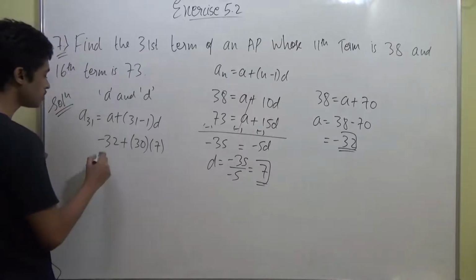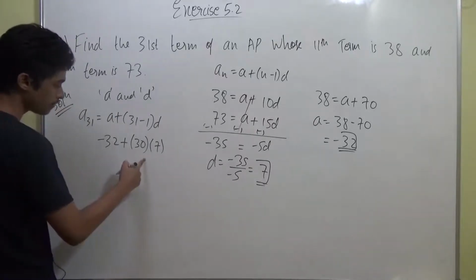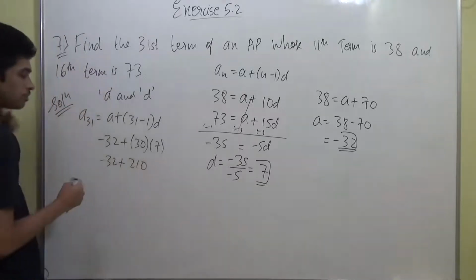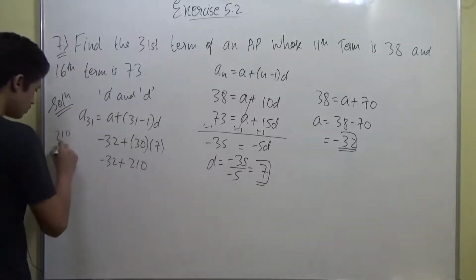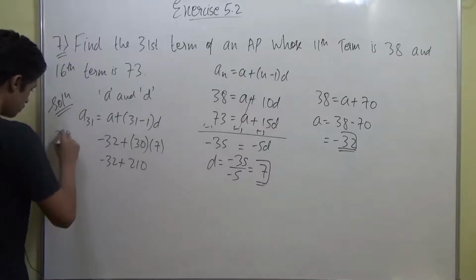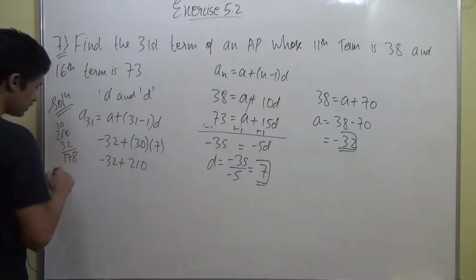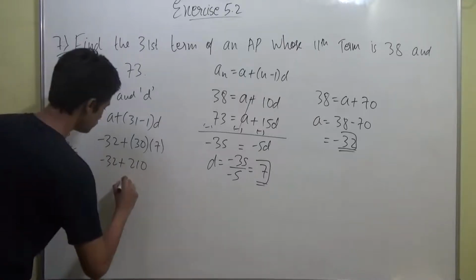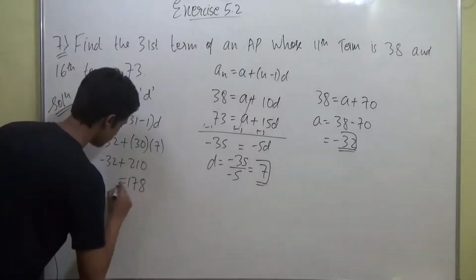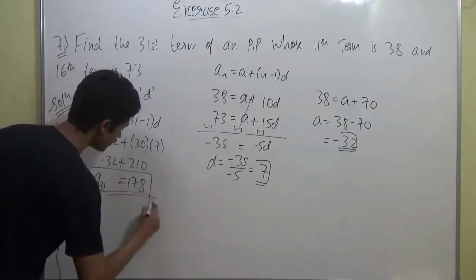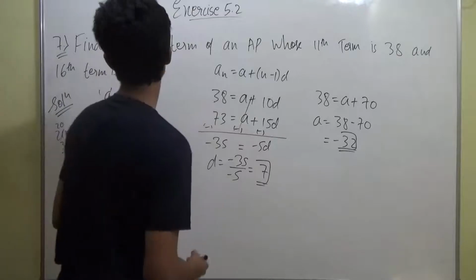Correct guys? So this will become 210 minus 32 plus 210. So this will be reduced to 178. Okay guys, so the 31st term of this AP is 178.